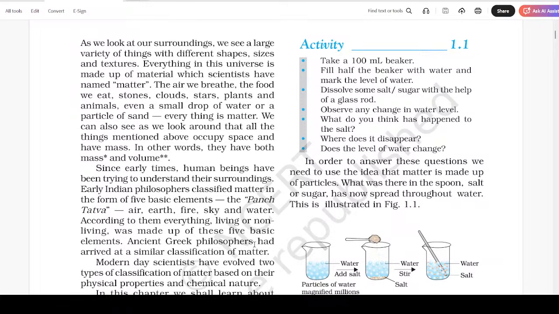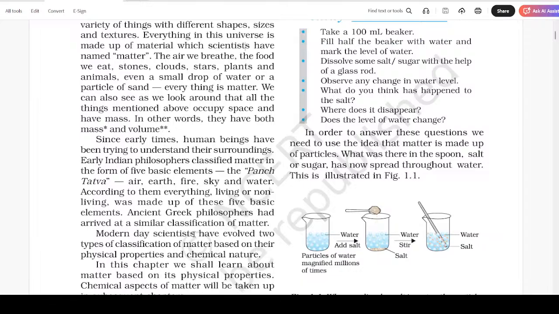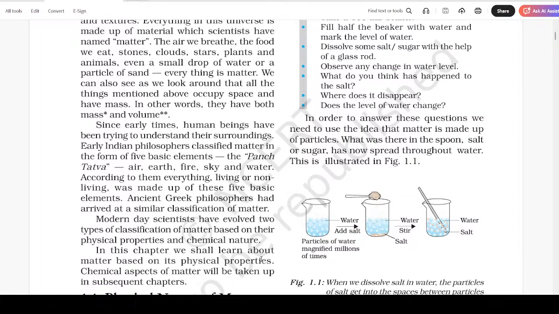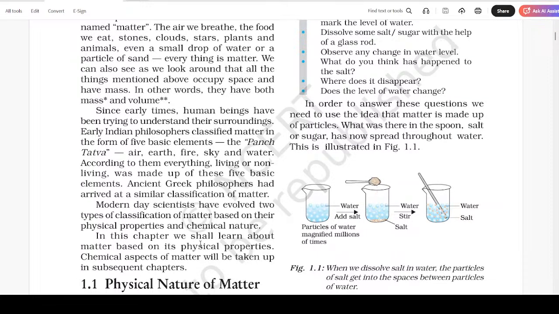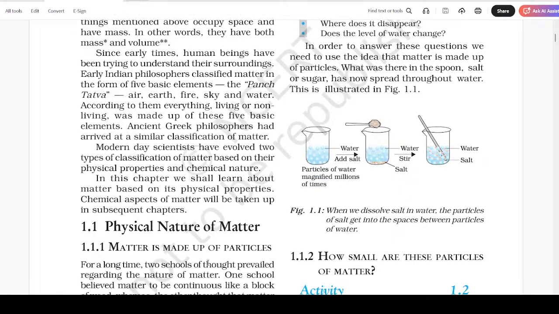Ancient Greek philosophers had arrived at a similar classification of matter. Modern day scientists have evolved two types of classifications of matter based on their physical properties and chemical nature. In this chapter, we shall learn about the matter based on its physical properties. Chemical aspects of matter will be taken up in the subsequent chapters.